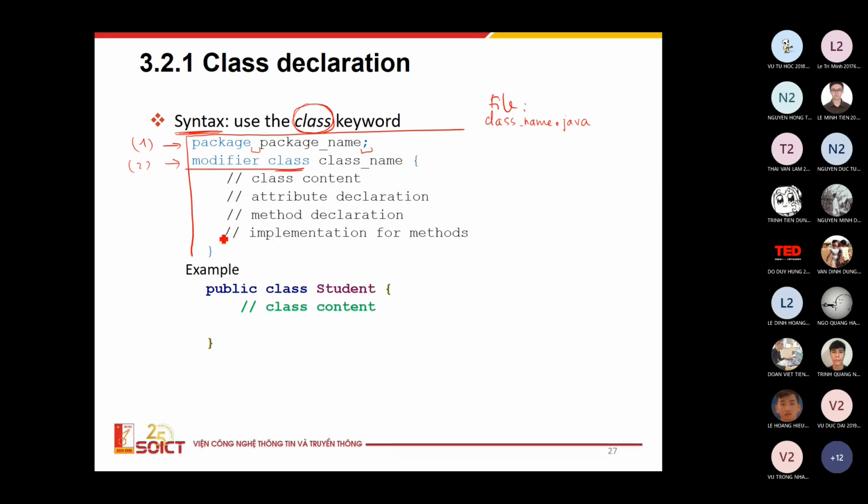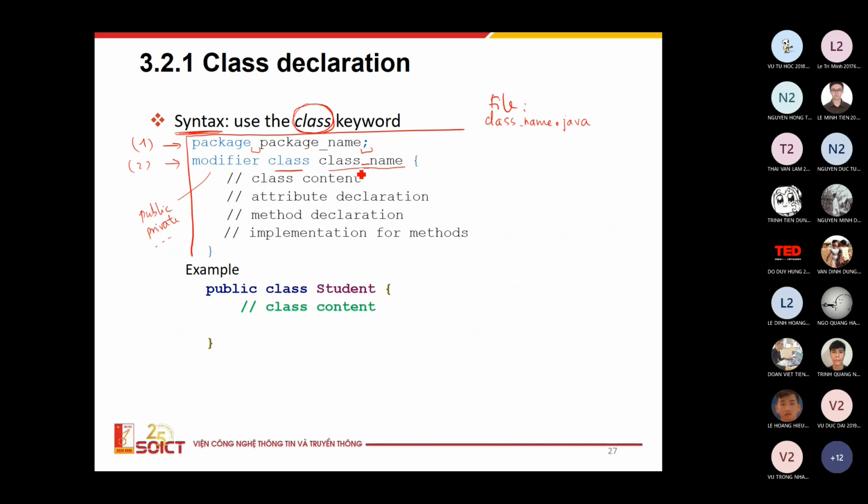You use the keyword class, and before it you declare the modifier, which can be public, private, for example. This time you know already about these two modifiers. And then you declare the class name. This is the definition of your class.